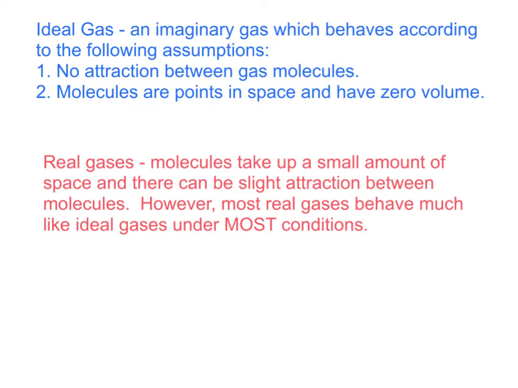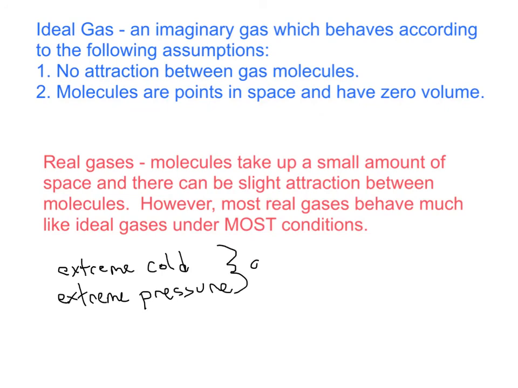What does this mean? We have some examples. If it's extremely cold, if you start getting close to the freezing point of a gas, it will start to turn into a solid or a liquid. Or if you have extremely high pressure, if you compress these particles so much that they start hitting each other very rapidly, you will turn it into a liquid.